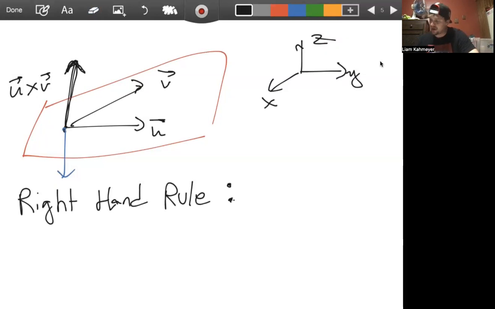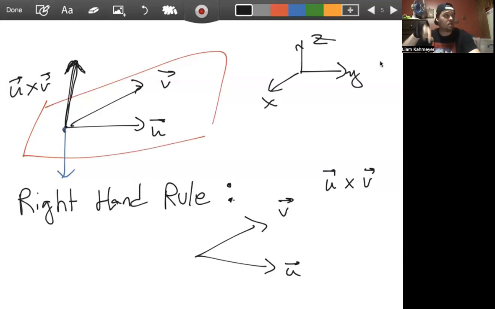And so what is the right-hand rule? If you have two vectors, u and v, and we want to determine the direction of u cross v, what we do is we take our right hand and we point our right hand in the direction of u such that our palm is facing towards v.